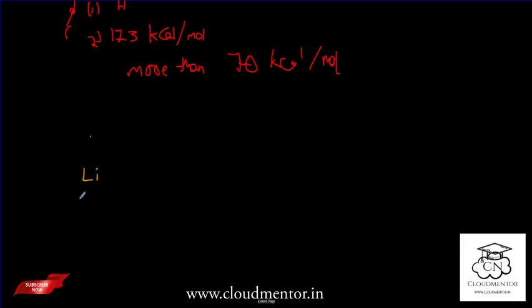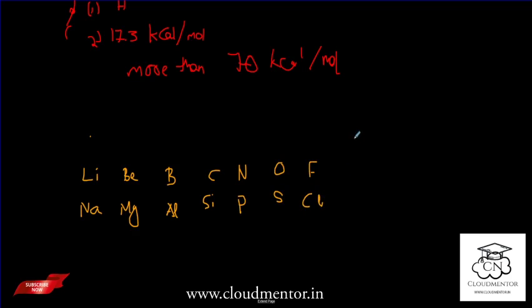Like lithium here, sodium, beryllium, magnesium, boron, aluminum, calcium, silicon, nitrogen, phosphorus, oxygen, sulfur, fluorine, chlorine, and the noble gases are of course there: helium, neon, argon.